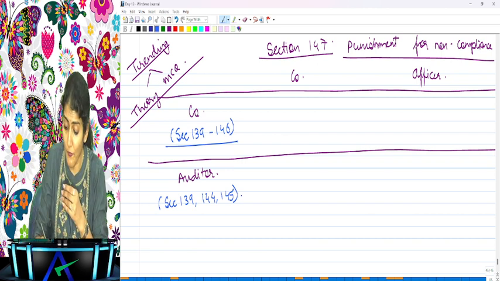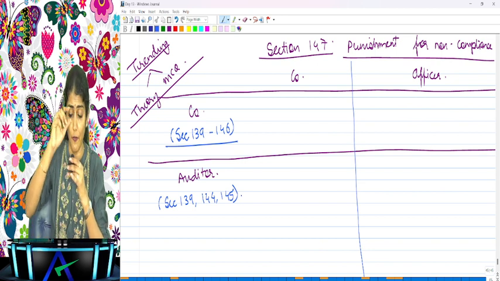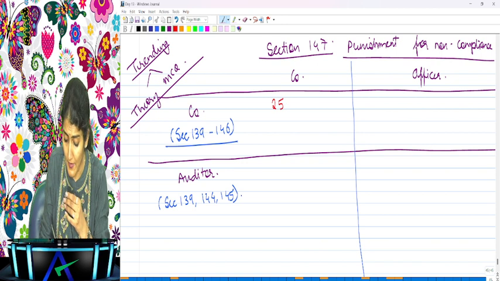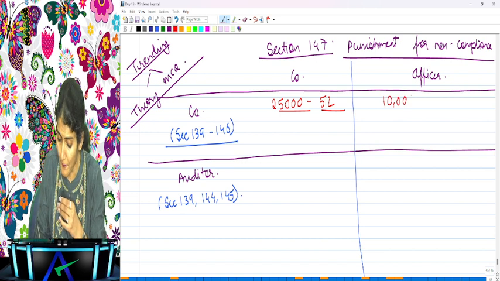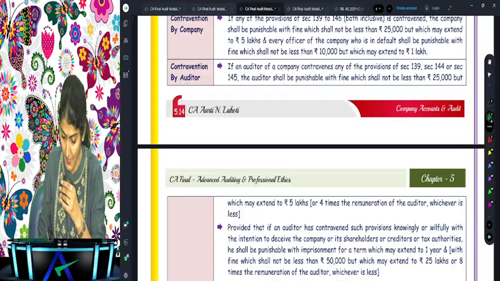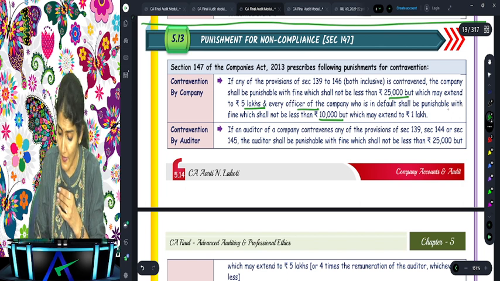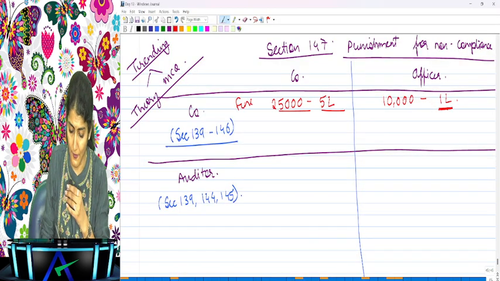Okay. Now, if the company has not complied with any of the sections of 139 to 146, what is the punishment for the company? It says 25,000, which may extend up to 5 lakh rupees. And every officer of the company, minimum 10,000, which may extend up to 1 lakh rupees. So this is the fine for the company.